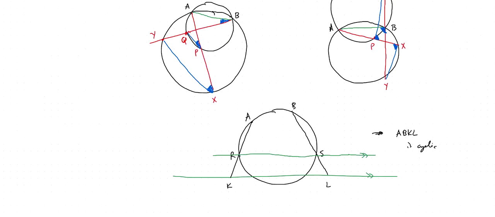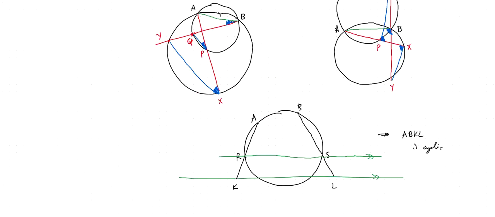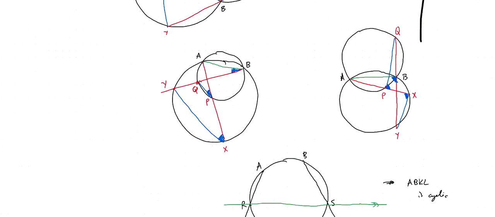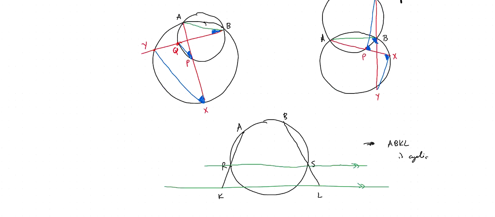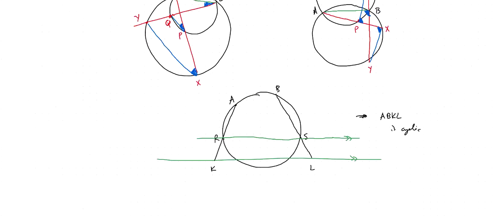This is in fact the same lemma, just with opposite logic. So if I know that ABKL is cyclic, I will obtain RS is parallel to KL from the above figures. But if I instead know RS is parallel to KL, then I will obtain that ABKL is cyclic. Because this time the proof will be, again, we will have both lines making the same angle.